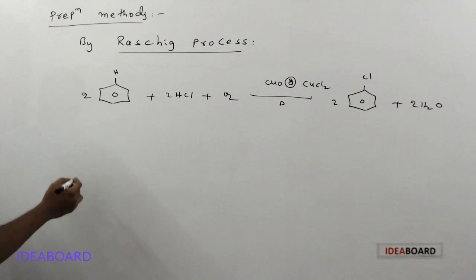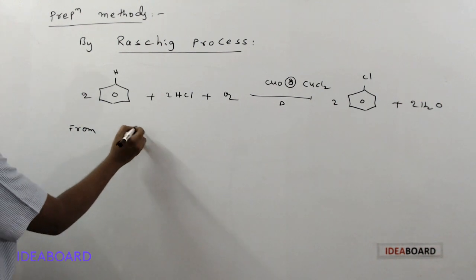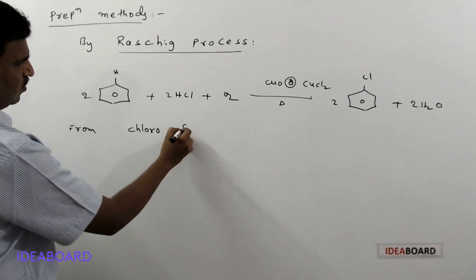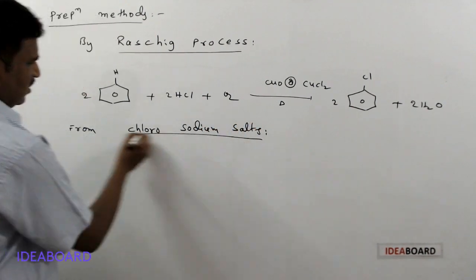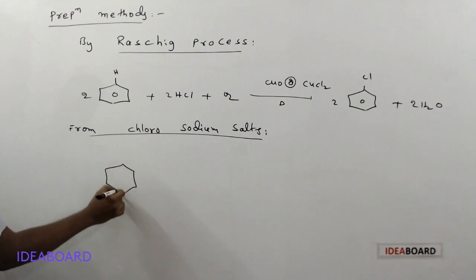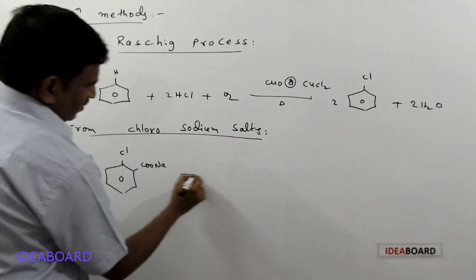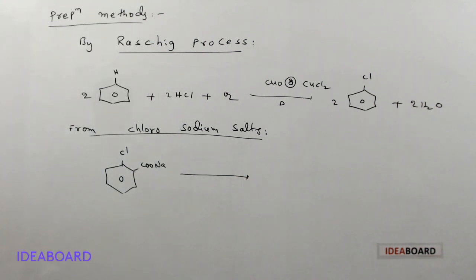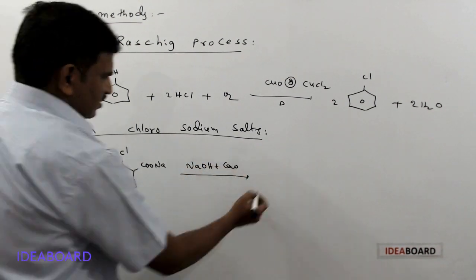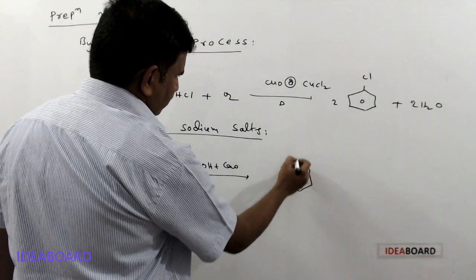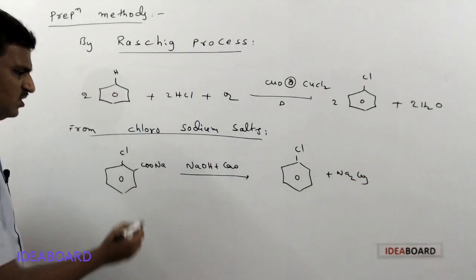Another method we can use is from chloro sodium salts. Here the chloro sodium salt has chlorine and COONa, and in this process we take a NaOH and CaO mixture, then it forms chlorobenzene plus Na2CO3, like a decarboxylation process.